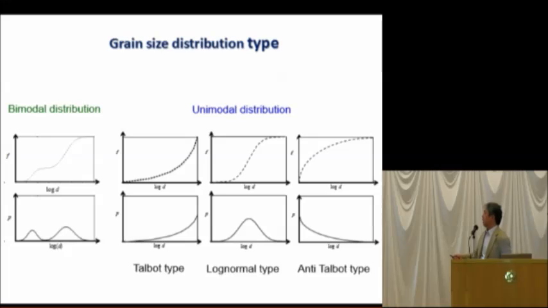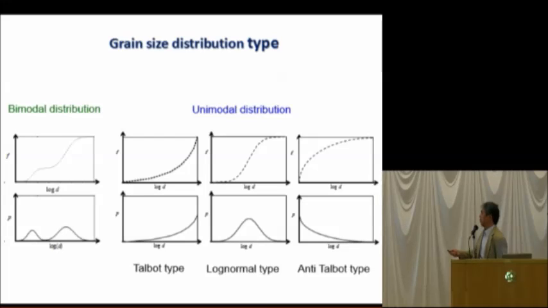Regarding the identification of the grain size type, firstly we consider these three types of grain size distribution. This is Talbot type, this is log normal type, this is anti-Talbot type. These are typical grain size distributions of the bed material.